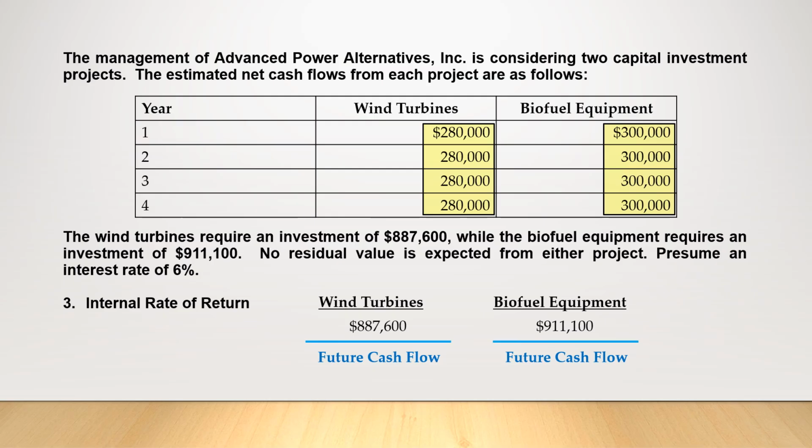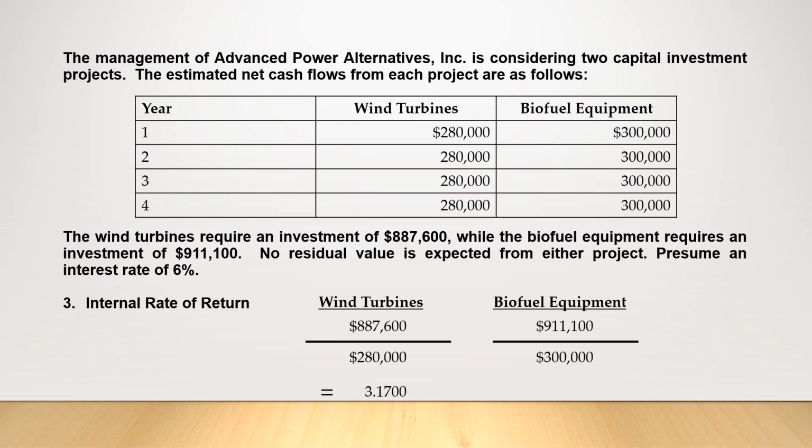Divide these costs by their respective future cash flows of $280,000 and $300,000. The wind turbines have a present value factor of 3.17, and the biofuel equipment has a present value factor of 3.037. Now, these numbers should look familiar to you.